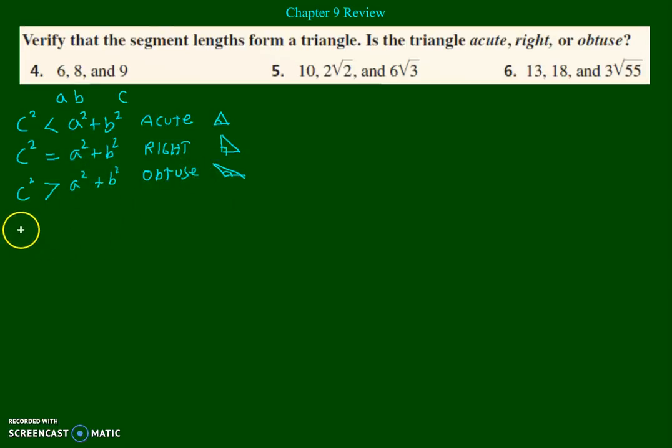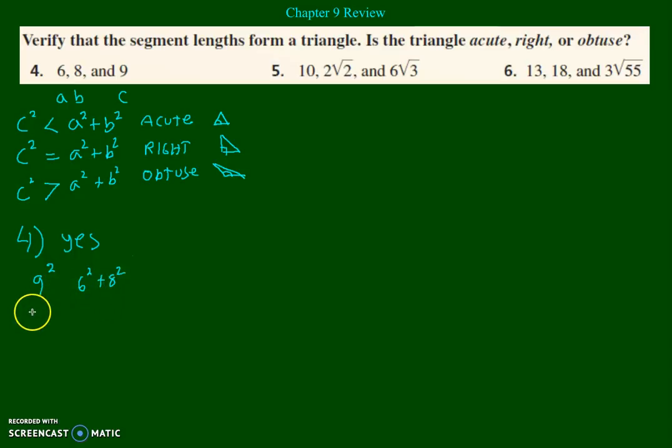So let's go ahead and work problem 4. We can see that 6 plus 8 is 14. It is greater than 9. So yes, this is a triangle. To see if it's acute, we solve this expression. Take the longest side and square it. We take the two smaller sides and square them, add them together.